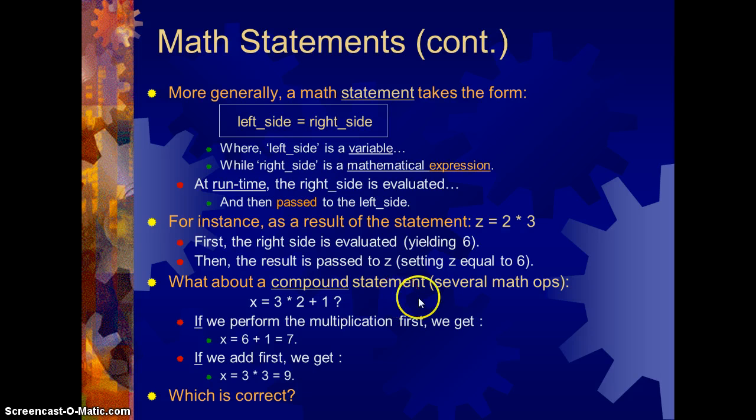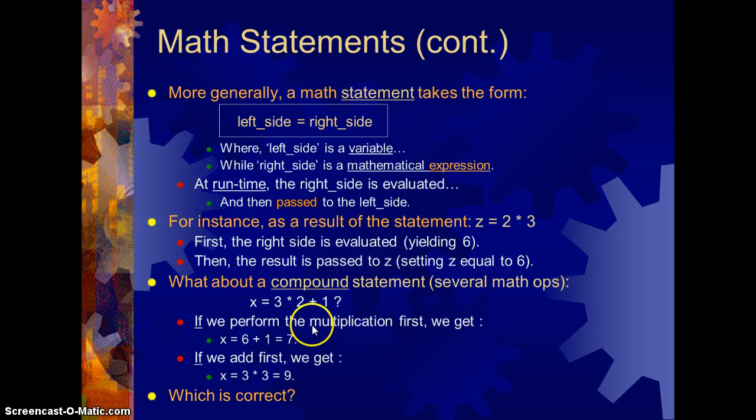What about a compound statement, that is, with several math operations? Suppose we have this. If you think about this, it could be ambiguous. What do I mean? If you do 2 plus 1 first, you get 3, and then 3 times that is 9. But if you do the multiplication first, you get 6, and then plus 1 is 7.